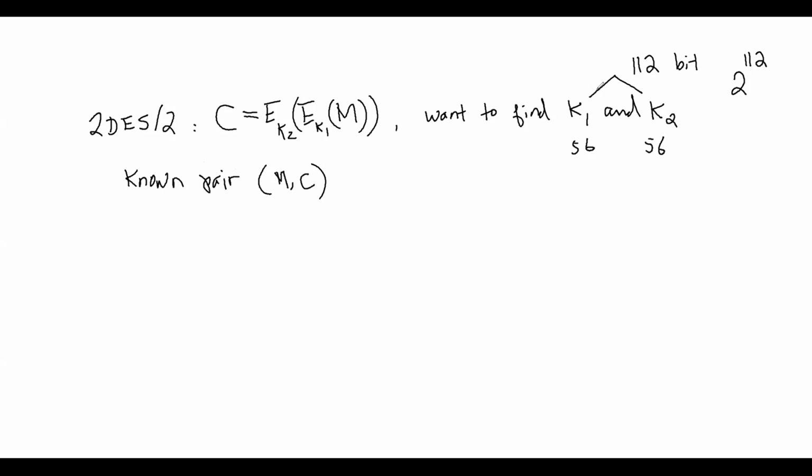I try all possible K1 and K2, then I see whether I get this equality. So you have to try this many times. But a single key is 2 to the 56, so there is a huge difference.